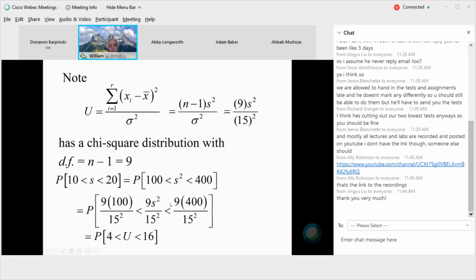That's the same as, I'll multiply all three sides by 9 over 15 squared. This becomes 4. This becomes 16. The quantity in the middle has a chi-square distribution with 9 degrees of freedom.